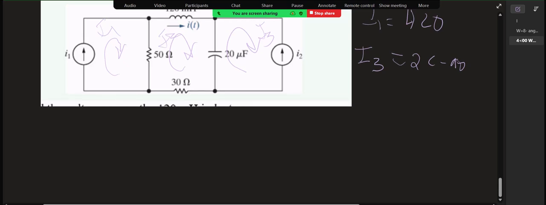Okay, so for our... no, this is tough. The reason I can't quite do mesh on this one is there are 2 current sources. When you do a mesh equation, you're adding up your voltage drops, and I don't know the voltage drop across these current sources.